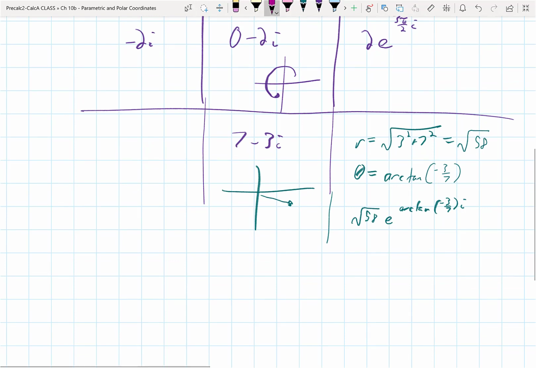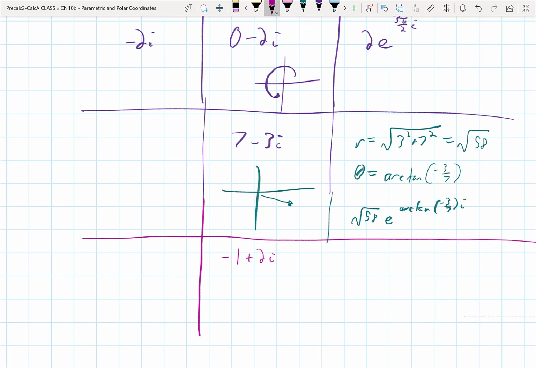Well, let's keep going with a few others. I just want to show this: what happens if it's in quadrant 2 or 3? Let's do -1 plus 2i. So, new example. -1 plus 2i would have a radius of the square root of 1 squared plus 2 squared, which is equal to √5.